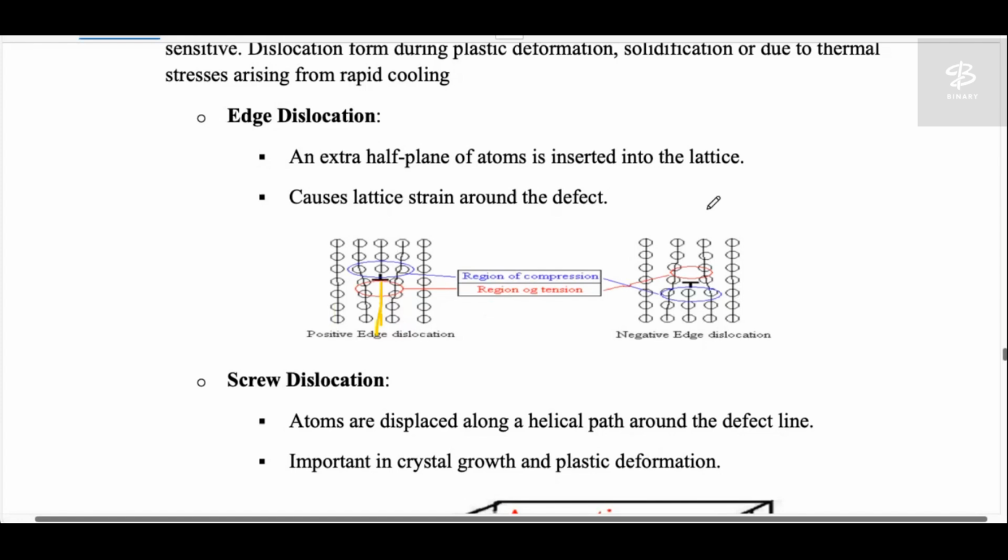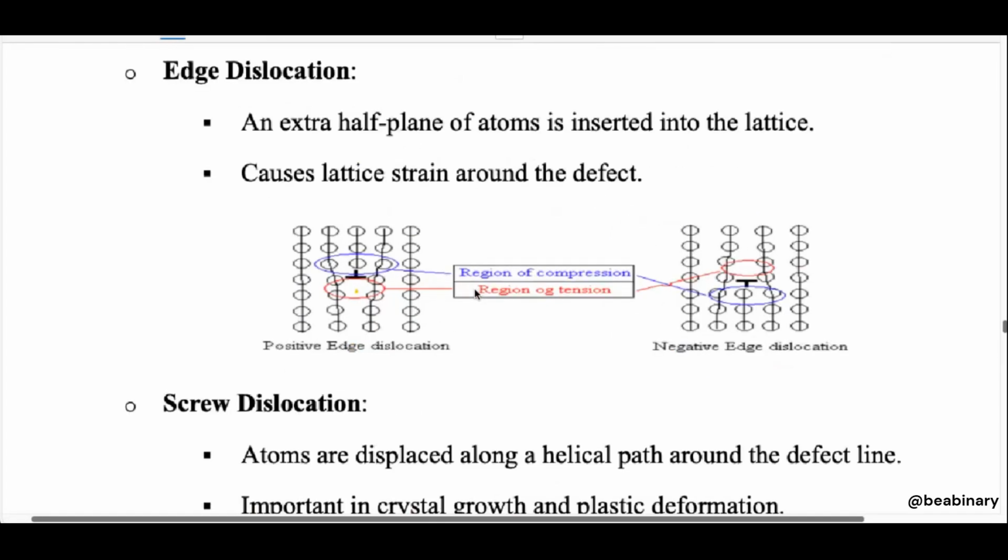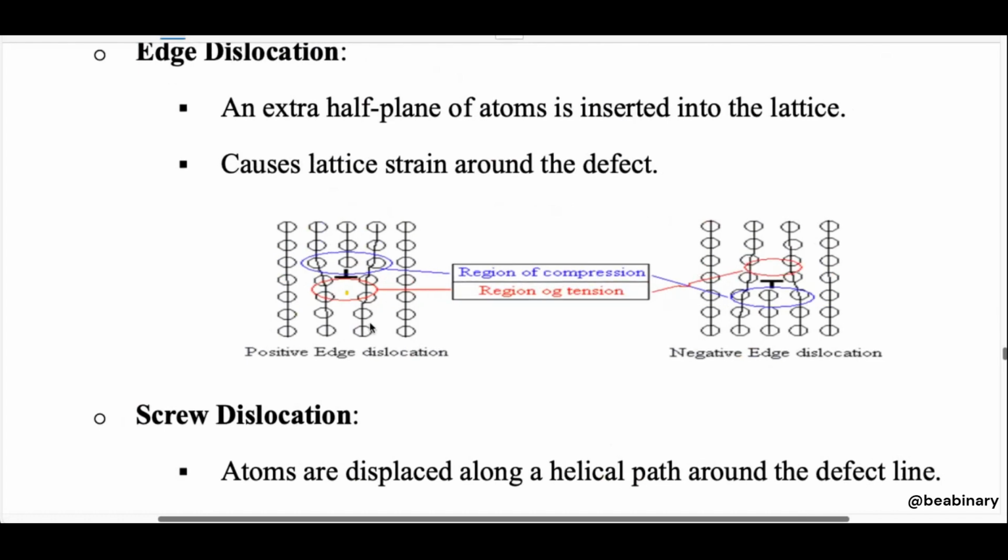Okay, similar to that, this is also the same thing, but they have negative and positive. What does that mean? Look here. Here it is compressed, right? Here it is compressed, and here is tension.